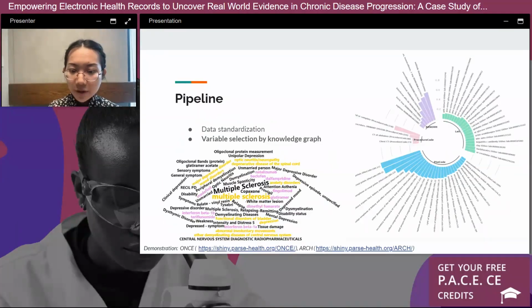Right. So after you do data standardization, you will know that you have a very, very large amount of clinical features at hand that you could use. But then you want to study a particular disease or a particular outcome of interest, right? So for that, you won't need everything.